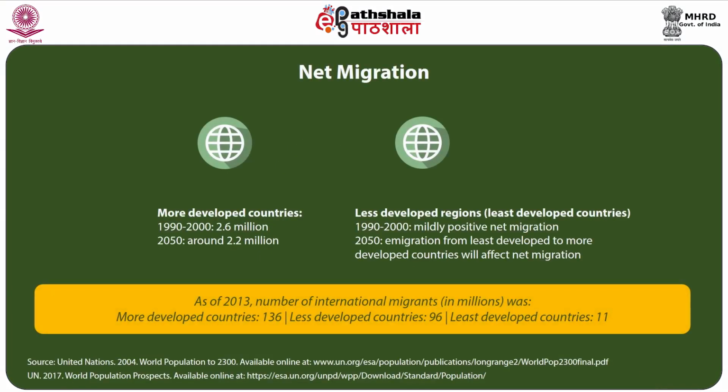Currently, in terms of the absolute number of international migrants, the share of more developed countries is 136 million, less developed countries 96 million, and the least developed countries have the least, at 11 million.